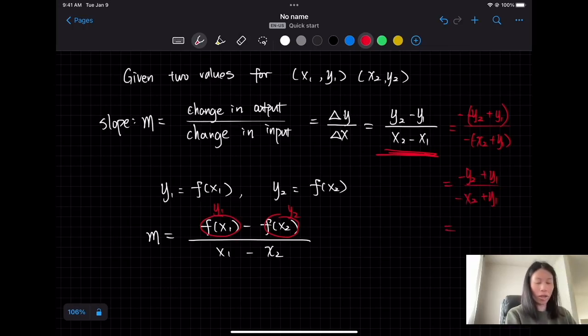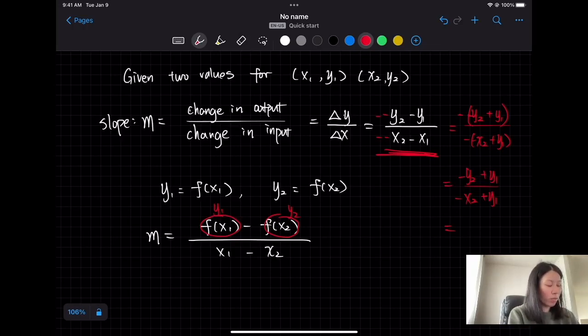So how can I pull out this negative? Because here I have a positive y2, a positive can also be written as two negatives. So if I write two negatives, you will have a negative y2, and negative x2. So I pull out the negative sign, and I end up with negative y2 plus y1.